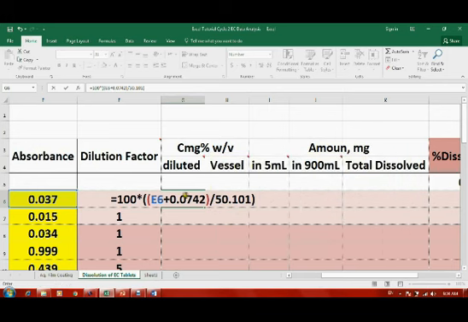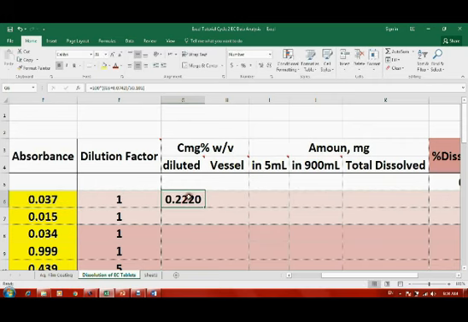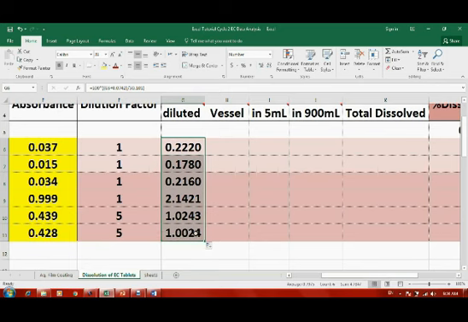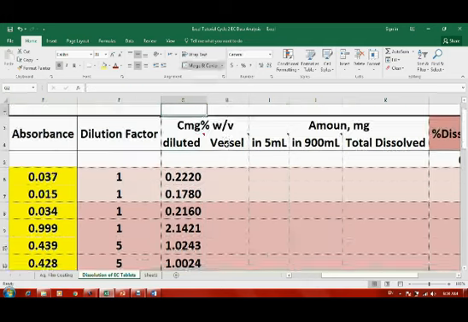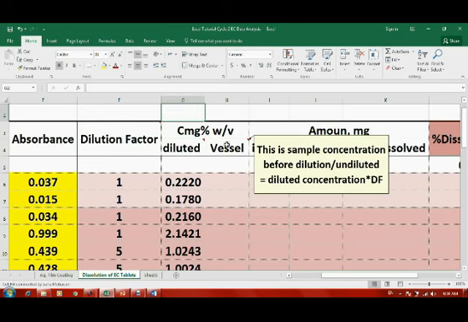Add the y-intercept, as it is negative in the original calibration curve equation, then divide by the slope. Again, we multiply the calculated concentration by 100 to change the unit. The original unit was milligram per ml, and as you can see, we want it to be calculated as milligram per cent.